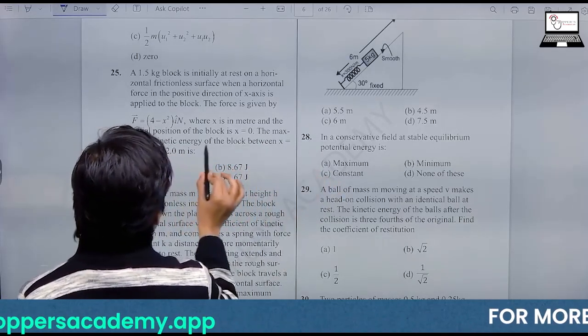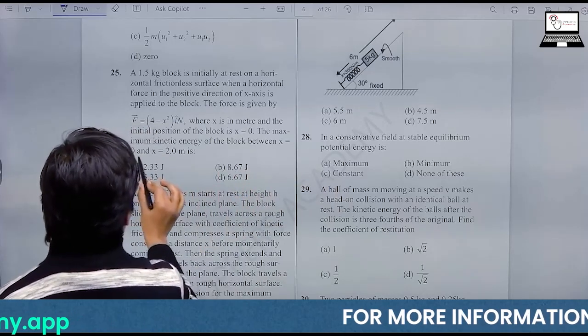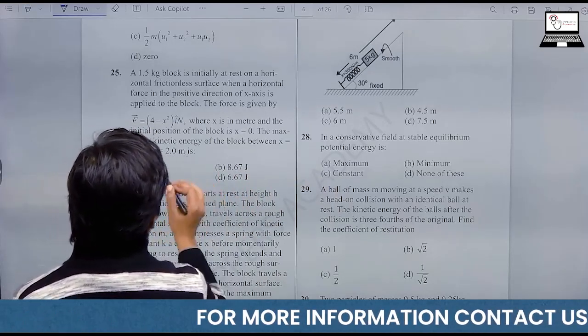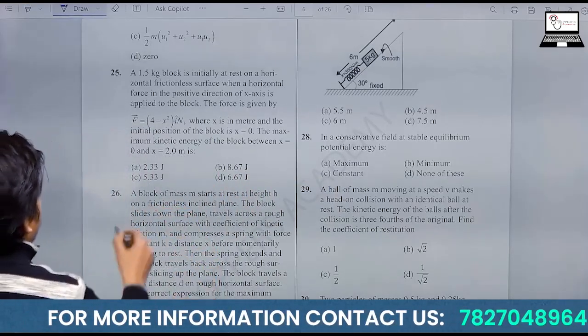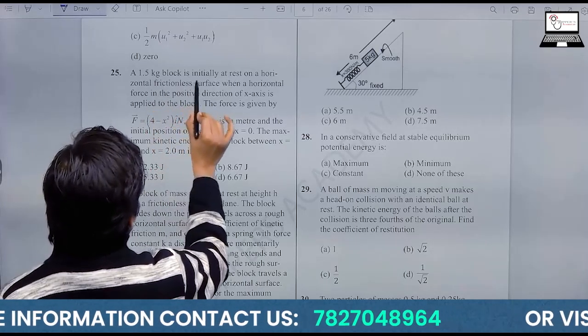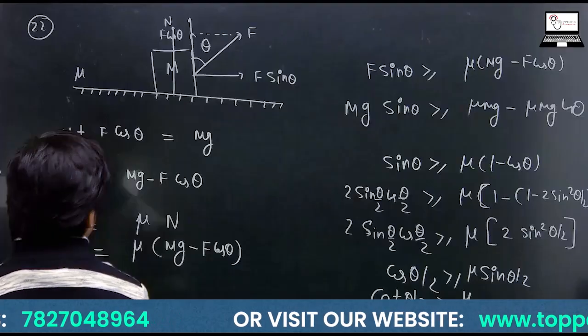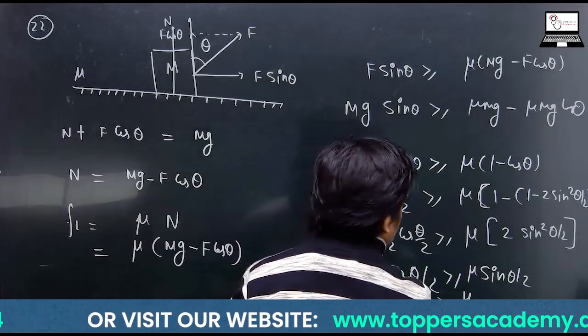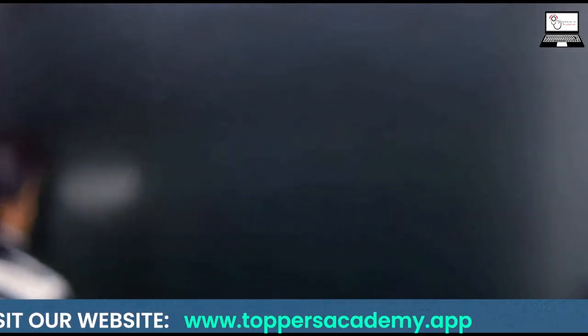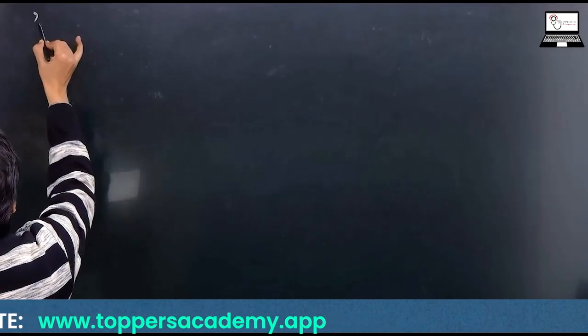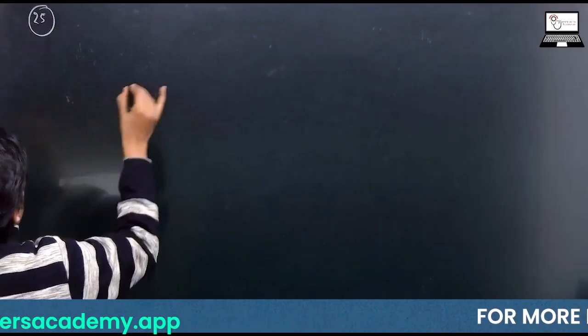The maximum kinetic energy of the block between x equal to 0 and x equal to 2 meter is. So initially that block is at rest, and to solve this question, we can apply the work energy theorem.